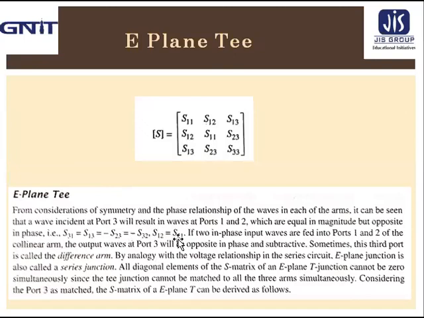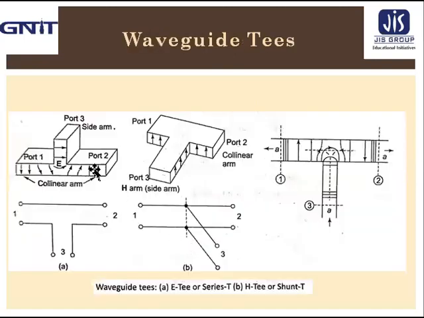Now, if two in-phase input waves are fed into port 1 and port 2 of the collinear arms, the output waves at port 3 will be opposite in phase and subtractive.